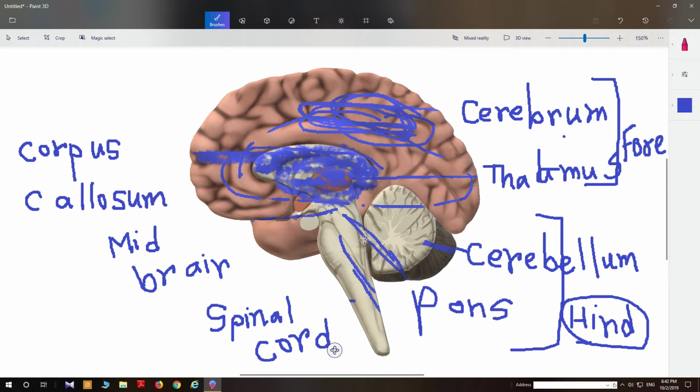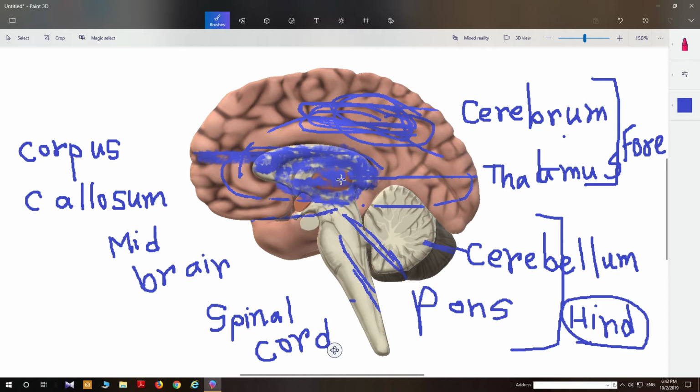There are 12 pairs of cranial nerves extending from the cerebrum and medulla oblongata, of which 8 pairs originate from the medulla oblongata, and these nerves control the function of the heart, lungs, pharynx, and swallowing of food.